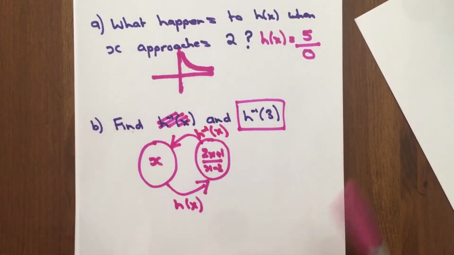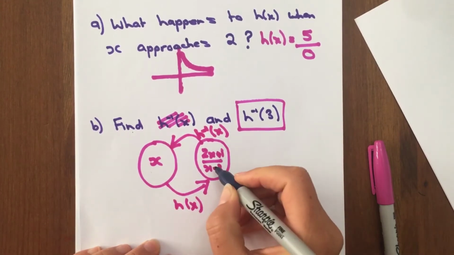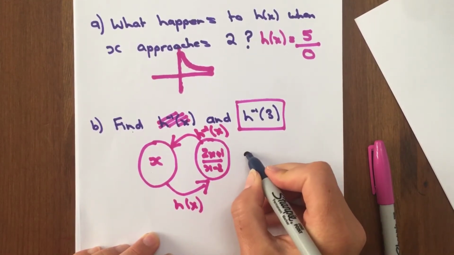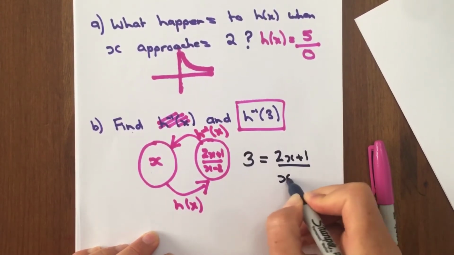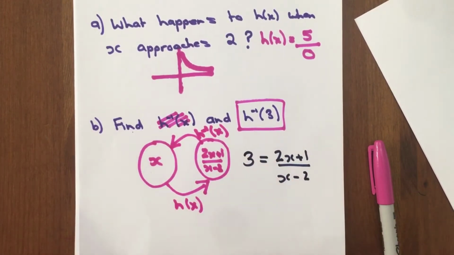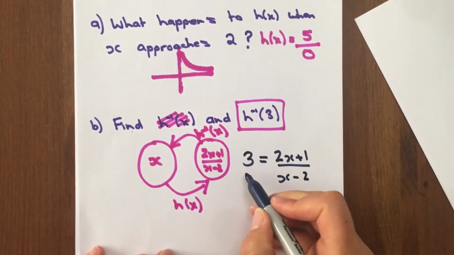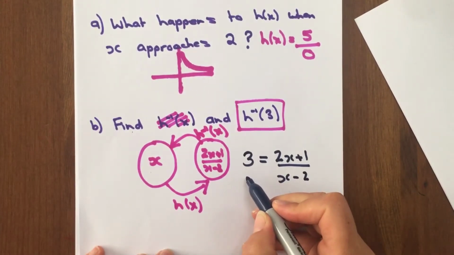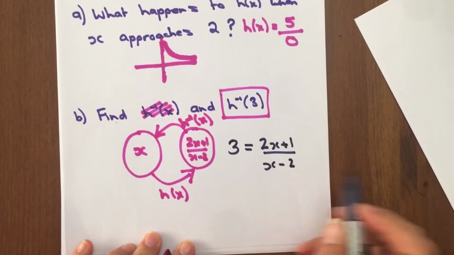So if this value here is now 3, i.e. h of x is 3, what value of x will go back to get me 3? Okay, so to do this, what I'm going to do is just solve this to find x.